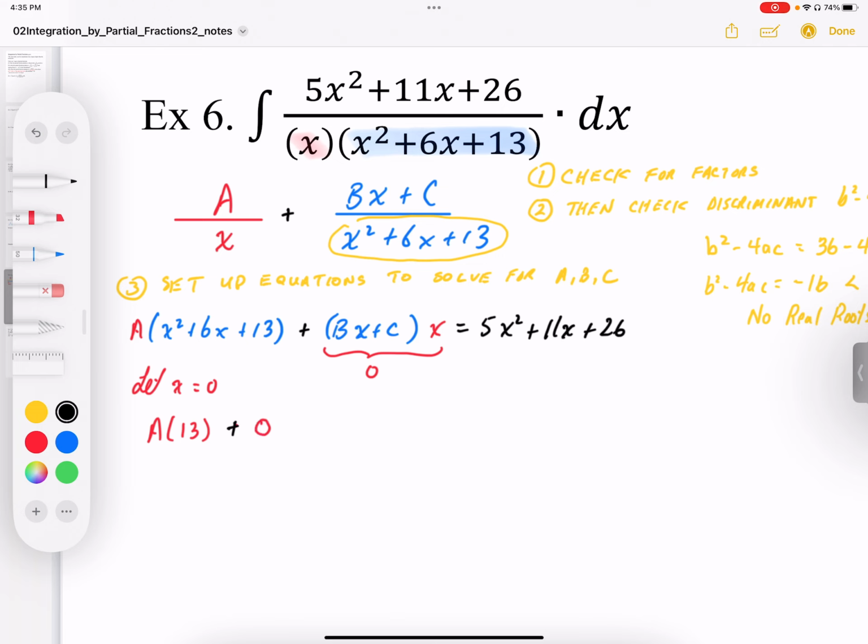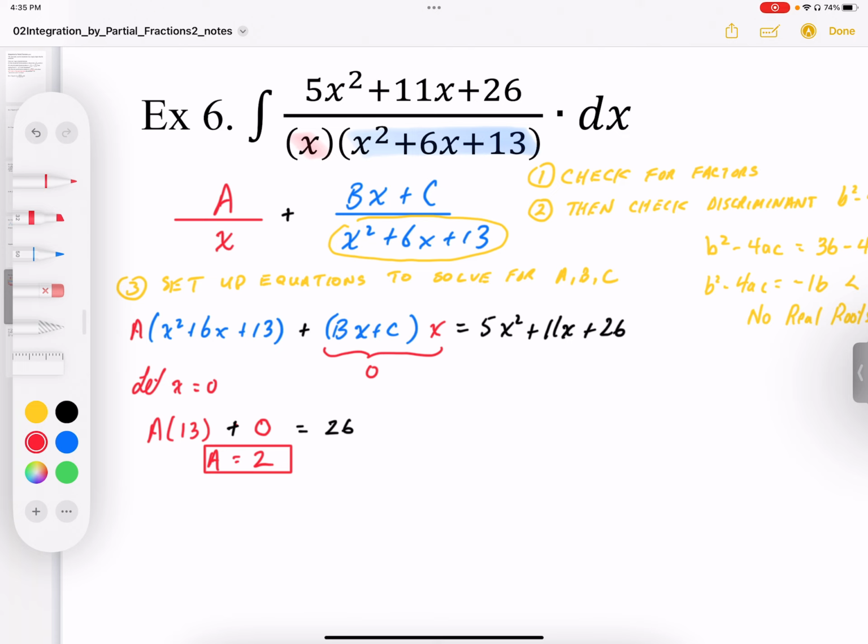On the other side, when I plug in x as 0, I get 5 times 0 plus 11 times 0 plus 26, so 26. Solving, 13A equals 26, or A equals 2. I'm going to put a square around that to keep track of it. That gives me an A coefficient right away and makes it easier to solve the rest.